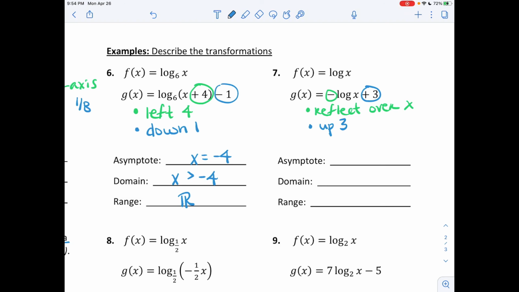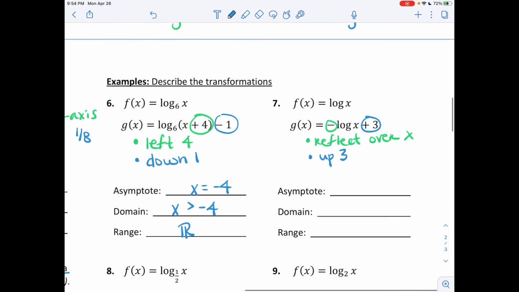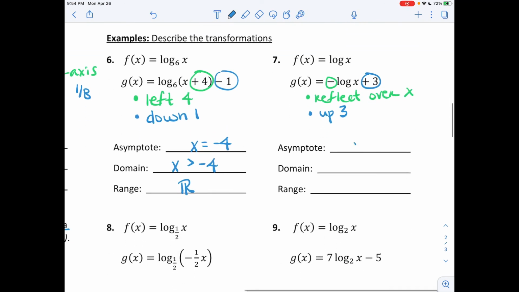I haven't done anything to move myself to the left or the right, or to reflect over the y-axis. So my asymptote is still in the same place that it was for my parent function at an x value of 0. Domain is therefore x greater than 0, and range as always for log functions, all real numbers.